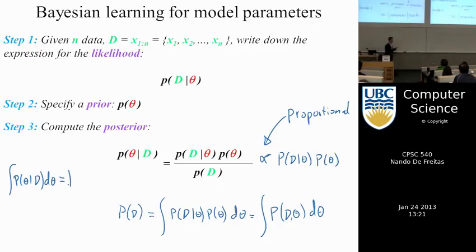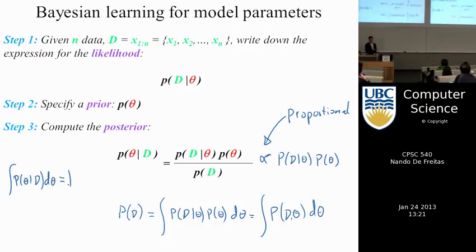So for this to be true, it must be that the denominator in the expression on the right-hand side, that is P of D, must be the sum of what's in the numerator, of all the options in the numerator. That ensures that the quantity sums to 1. The denominator normalizes the expression. So it's just a sum over all the options below, and that ensures that all the probabilities sum to 1.